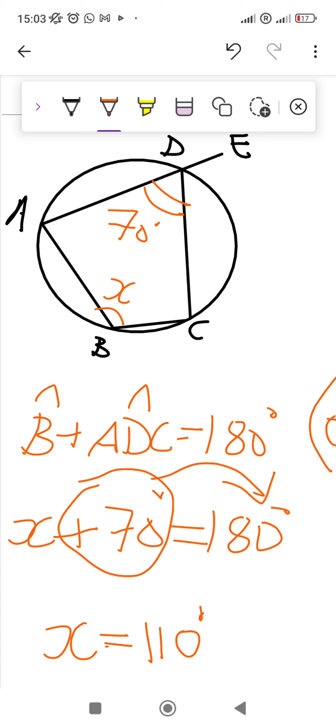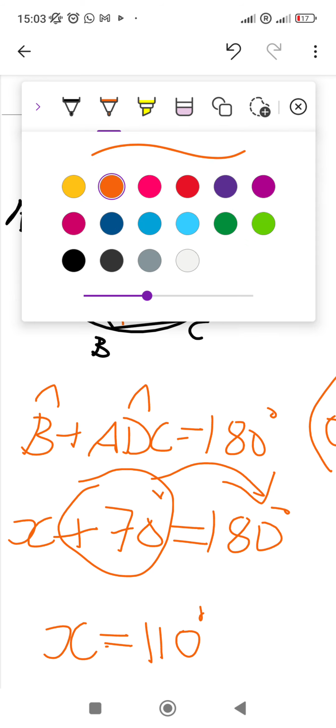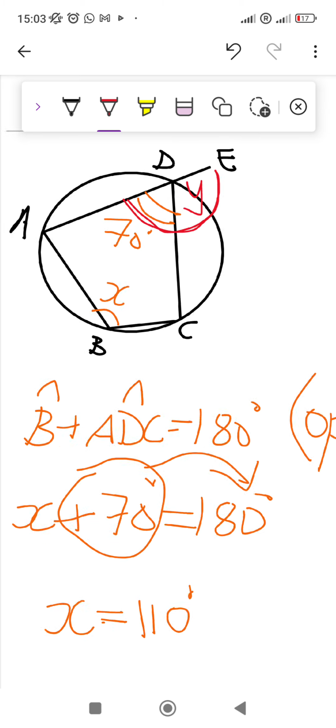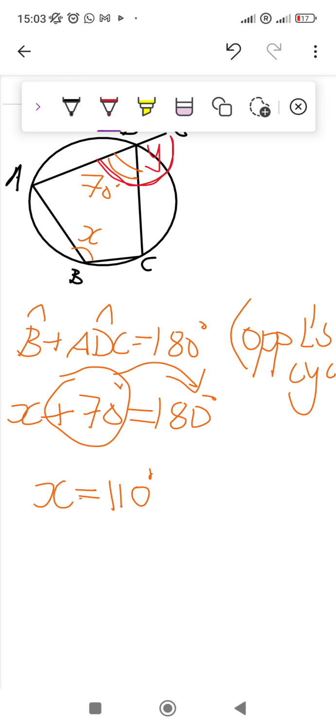Okay, let's go back to our picture quickly. Let's add another value. Let's call this one Y. Let's put Y on the side. Okay, let's solve for Y. So what we can see is ADE is a straight line. So then the 70 and the Y are also supplementary, right? So what we would say is ADC plus Y is equal to 180 degrees.